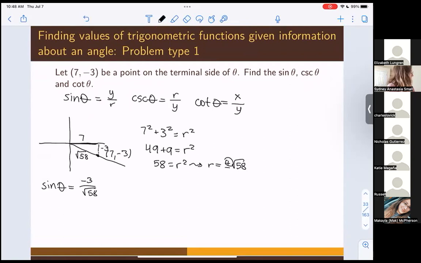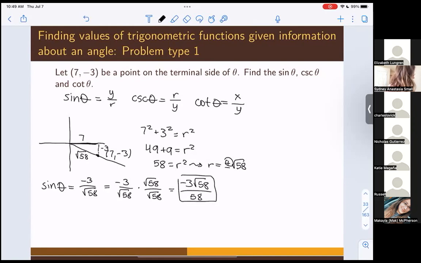So we need to rationalize again. To do that, this time we want to get the square root of 58 out of there. So our fancy one will be square root of 58 over square root of 58, because we know that will make the square root of 58 go away. And that is equal to -3 times the square root of 58 over 58, because square root of 58 times square root of 58 is 58.